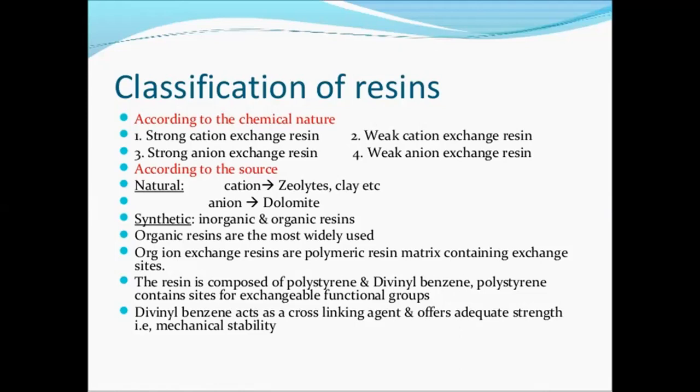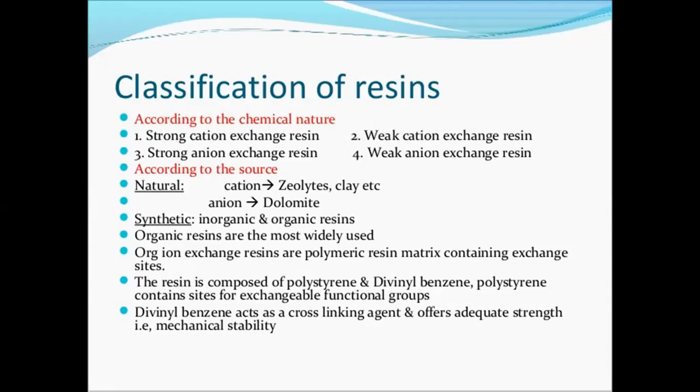So different types of resins are available in the market, according to the nature of the analyte, or according to the type of ions present in the sample. That means what type of ions we want to replace, what type of ions are needed to replace. Based on the same, we can design, we can manufacture, we can prepare the resins.